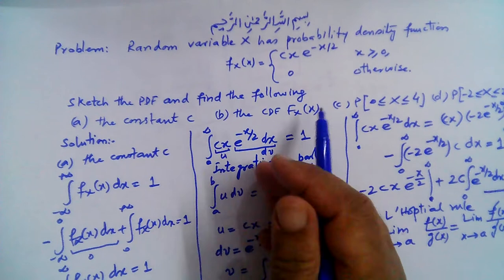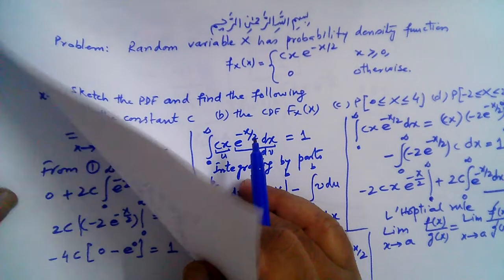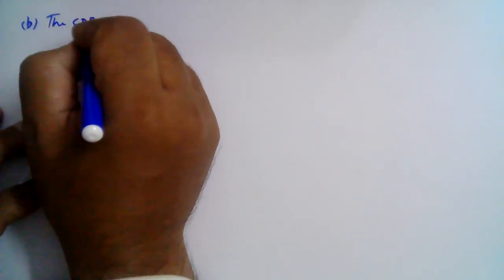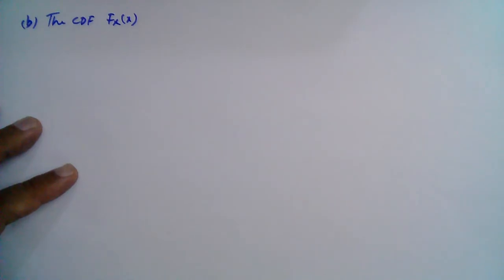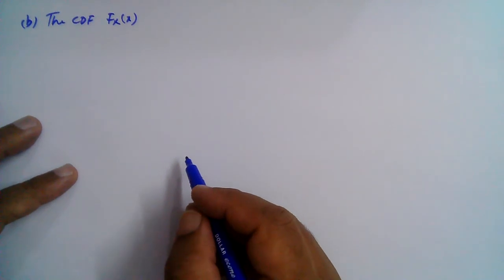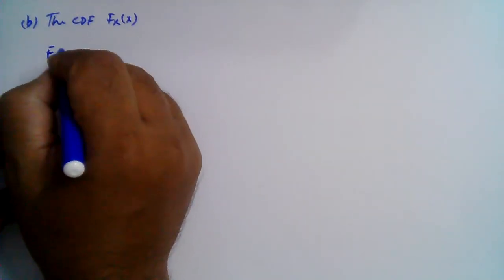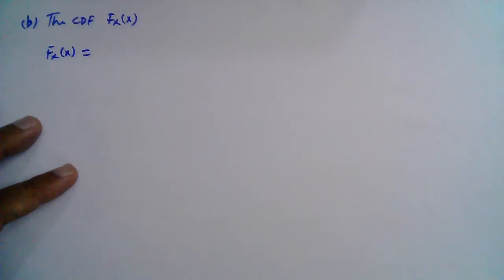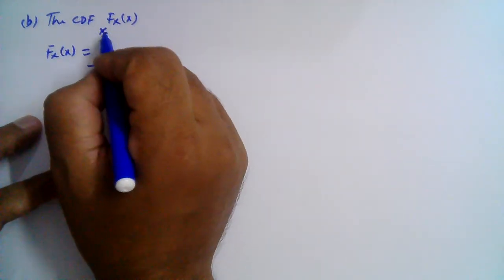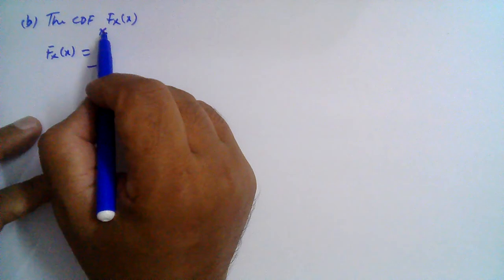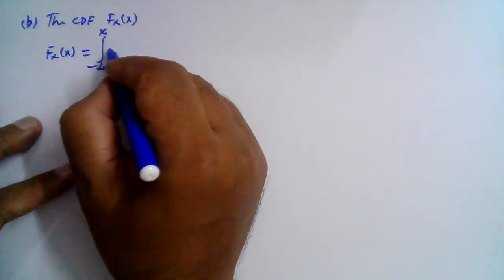Now the part B, the CDF F_X(x). The CDF F_X(x) from a PDF can be found, for example, using this formula, from minus infinity to x. Note that this is the variable x here, and we are integrating basically the PDF.